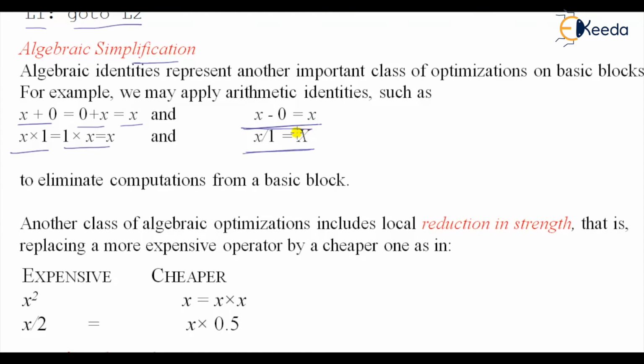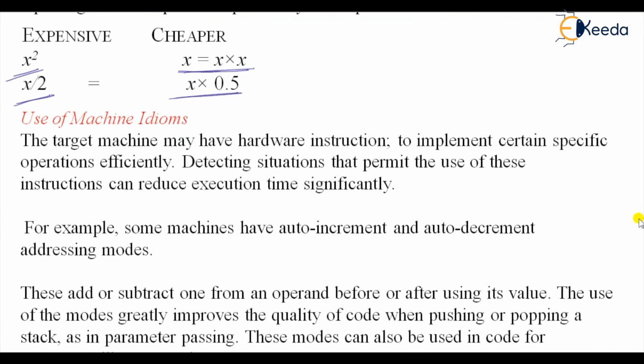Okay, so this is called algebraic simplification, and within it we have one more part, reduction in strength, which we have also seen. x squared will be replaced by a lower cost or cheaper operation, that is multiplication. Division can be replaced by a cheaper operation, that is multiplication. That is algebraic simplification.